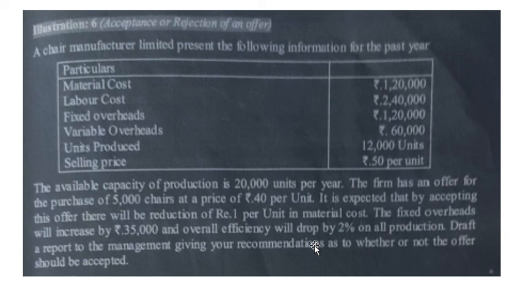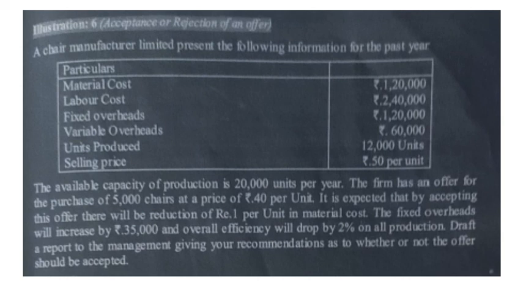So when labor is increased by 2%, the overall efficiency will drop by 2%. Labor is nothing but a cost. When the cost increases, the overall efficiency decreases. That is what is stated here, will reduce by 2%.